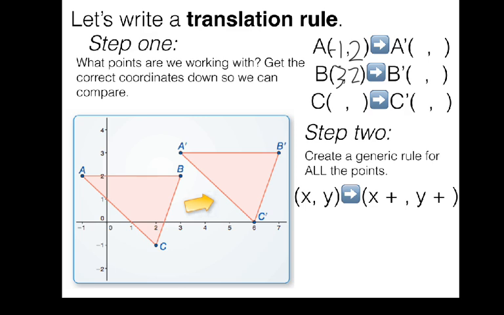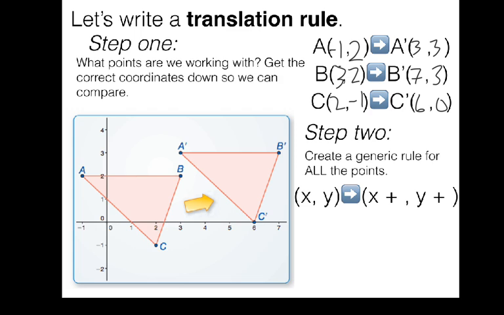And C is at 2, -1. Now I'm going to shift my focus over to A prime, B prime, C prime. A prime is at 3, 3. B prime is at 7, 3. And C prime is at 6, 0.